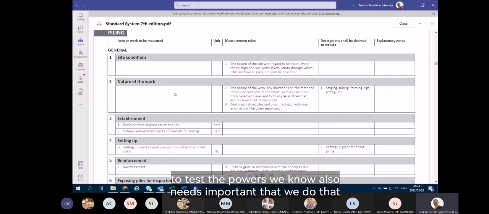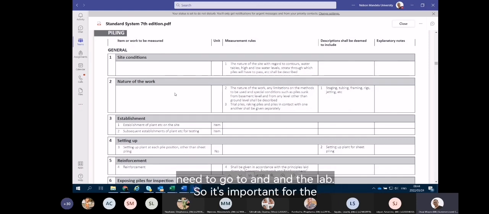And for the setting up of this plant at each pile position, for each and every one, you need to measure for that, because it's not just a question of taking a drill bit like you would use an ordinary drill bit and drilling in there. It is the establishment, ensuring that the angle of the pile is right, that the pile is perpendicular, and that we know the depth that we need to go to, and the like.